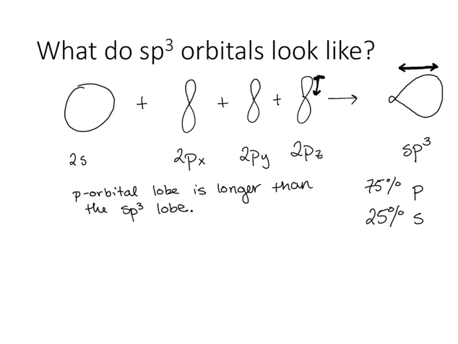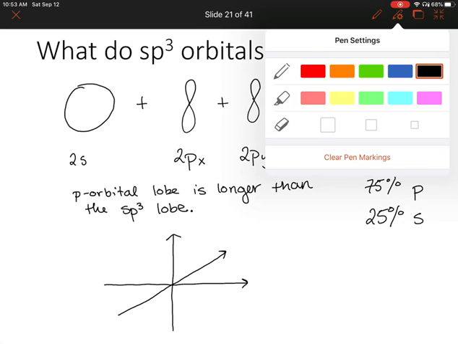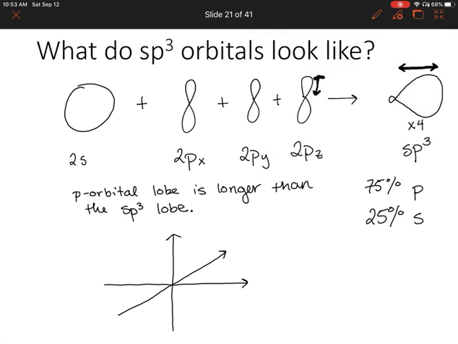Okay, so what's great is if we take all 4 sp3 hybrid orbitals and put them together, so really this is times 4, we end up with something that looks kind of like this.